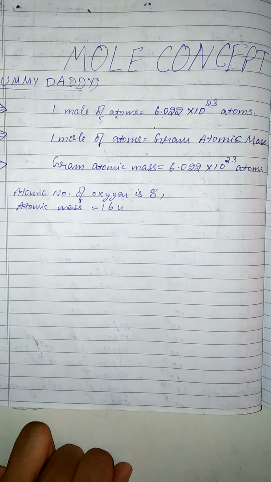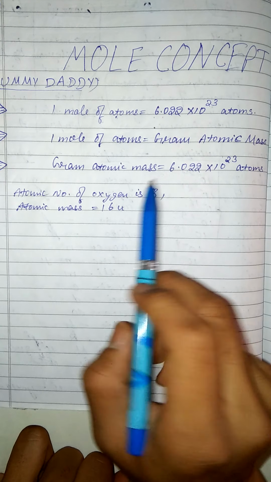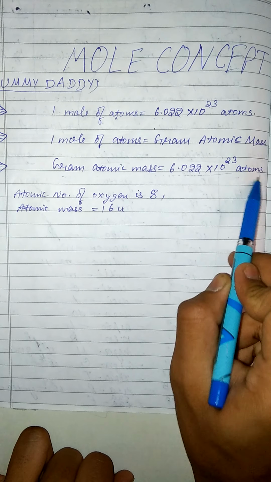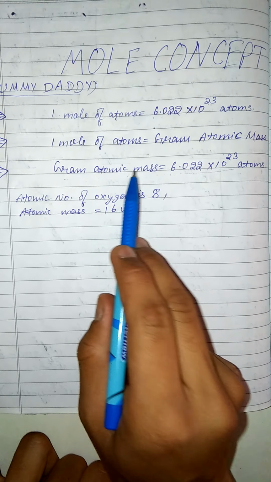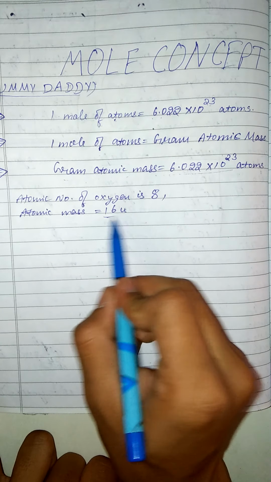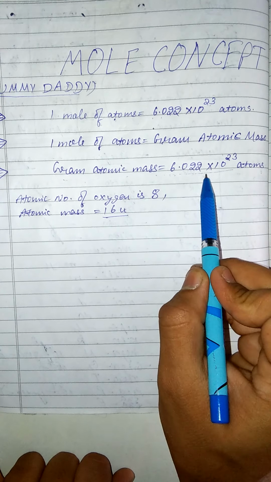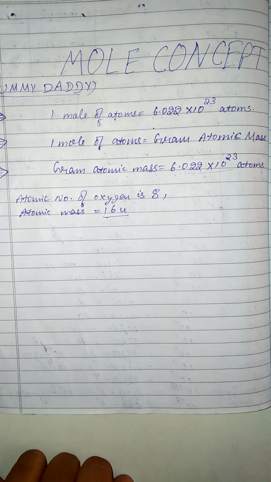Now from this relation we can say that the gram atomic mass is equal to this number of atoms. So we can say that the gram atomic mass of oxygen, which is 16, would contain 6.022 × 10^23 atoms.